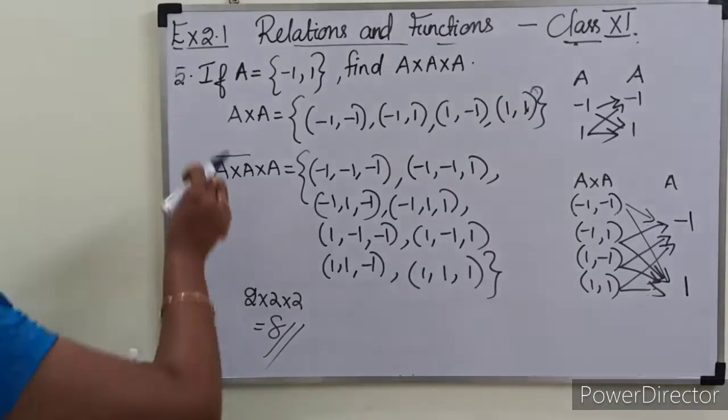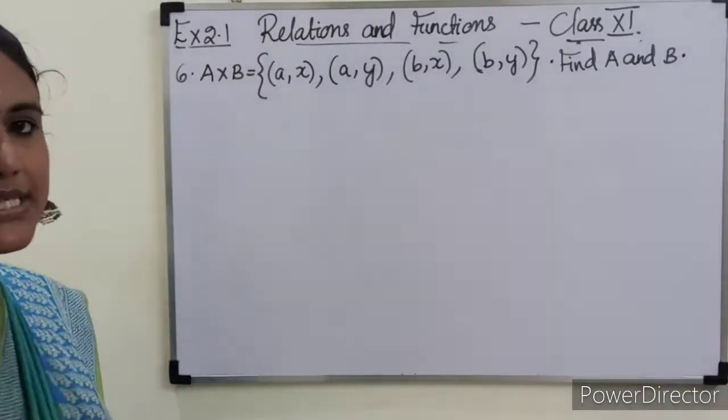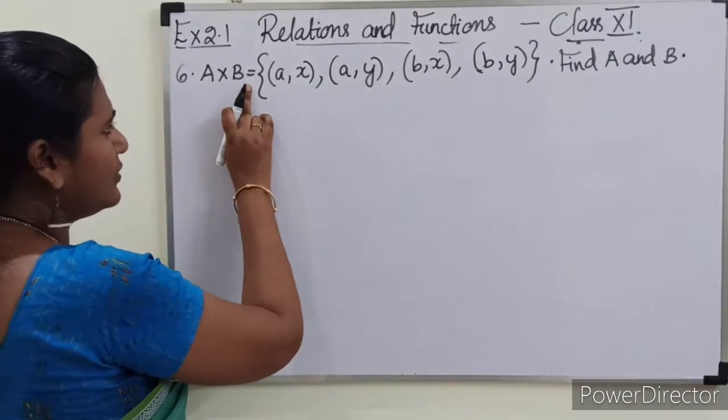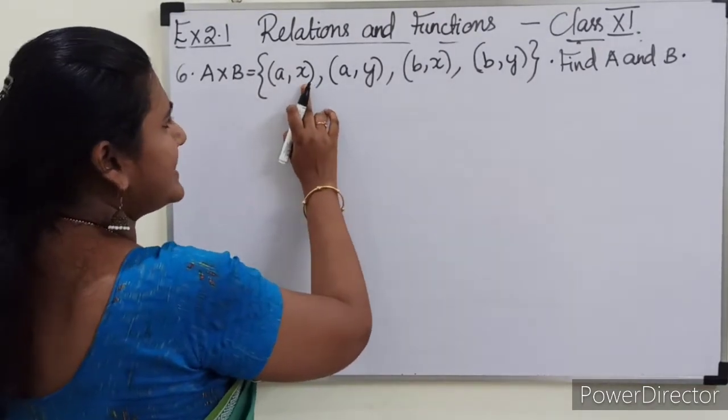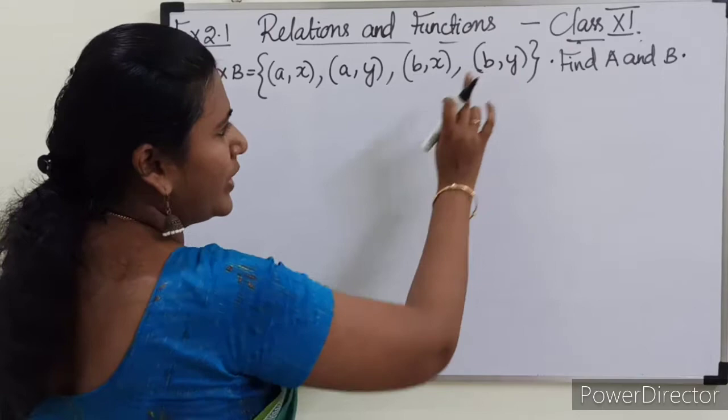Now the next question, question number 6. A cross B is equal to the ordered pairs (AX, AY), (BX, BY).